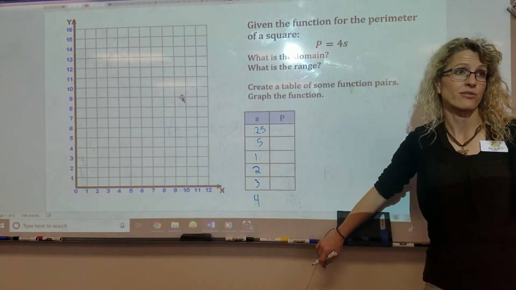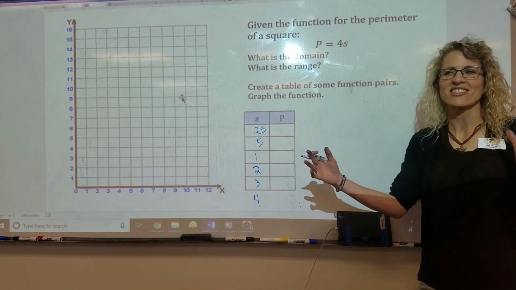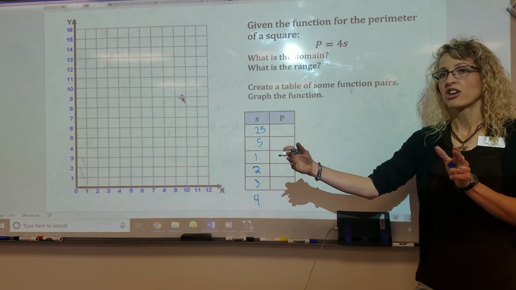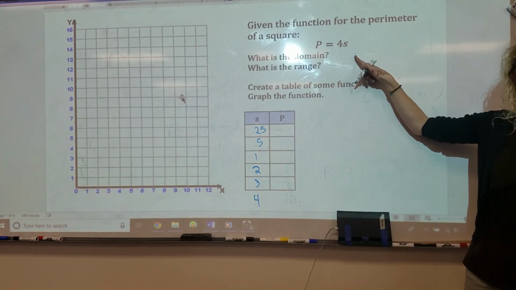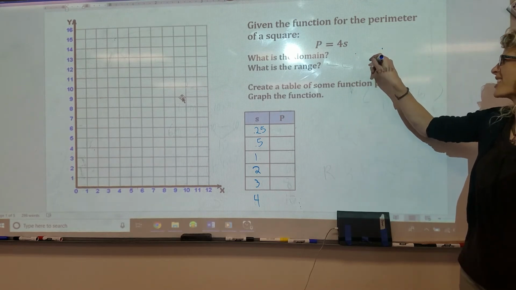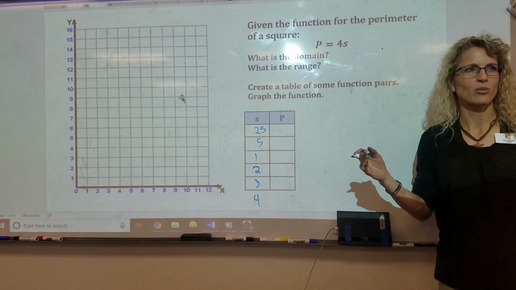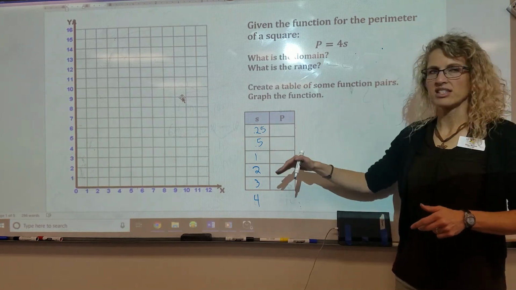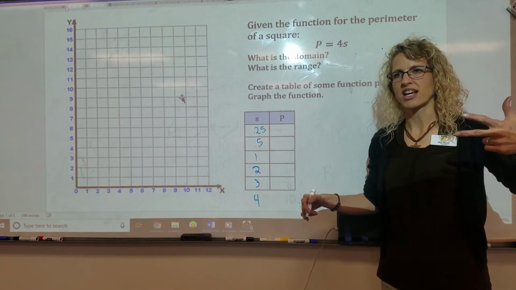Could it be negative? Not really. You couldn't have a negative side length for a square. Could you have a square that has no length at all? It wouldn't really be a square. Like a theoretical dot wouldn't really have any size. You couldn't make a square out of it. So we couldn't really have a 0. So already I'm starting to formulate all the possible values for the side length of a square.